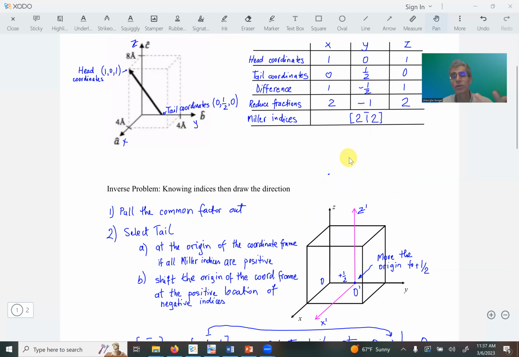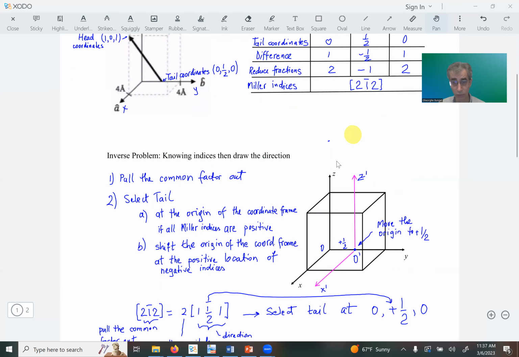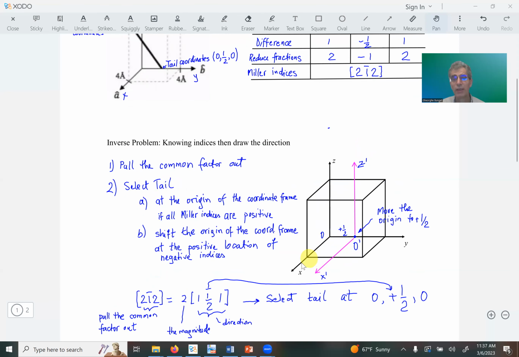If we select the tail based on this 2, we need to move in the x direction with 2 units. That means we are out of the crystal lattice, because we said the crystal lattice has a side of 1. So we would have to move into the next one, and that requires more drawing.